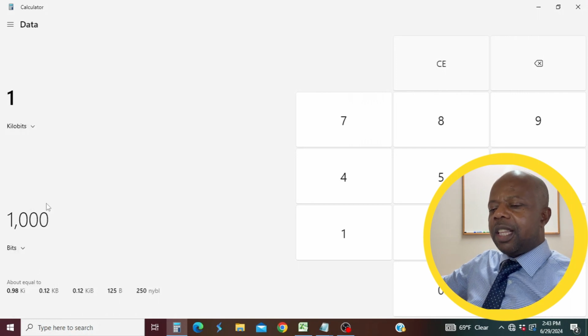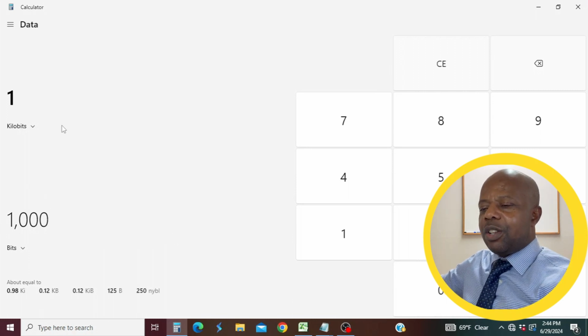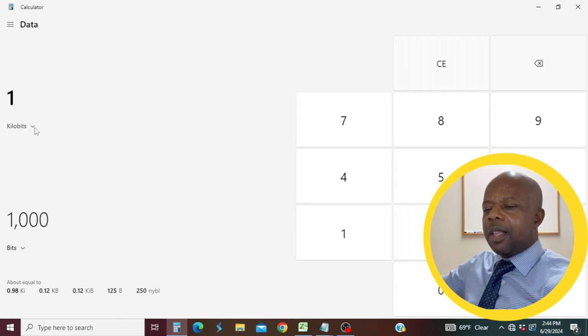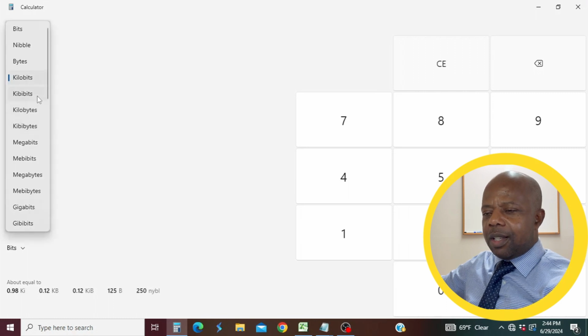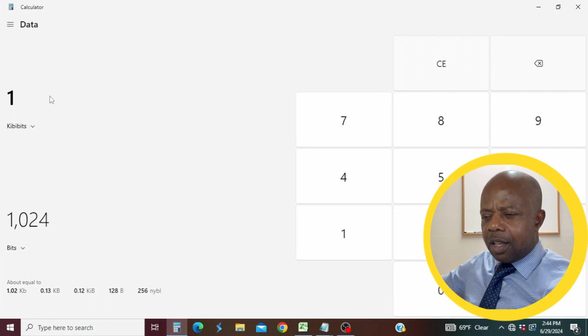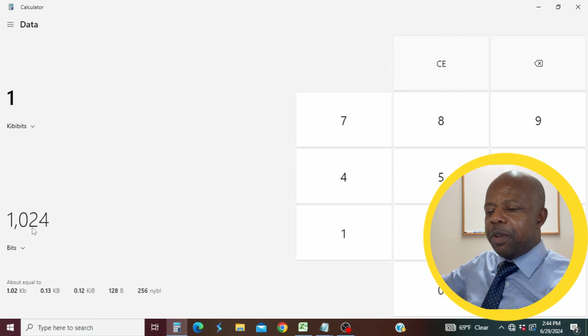It says it is 1,000 bits. Now there's a number in computer engineering that is also very, very important in data storage. That number is 1024. So let's see kbps. You see, 1 kbit equals 1024 bits.